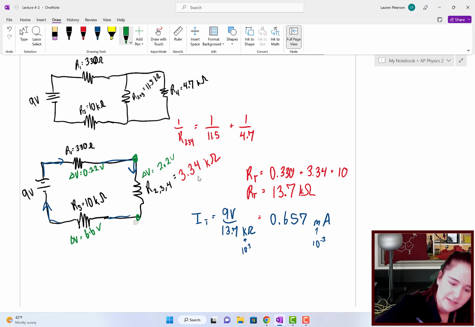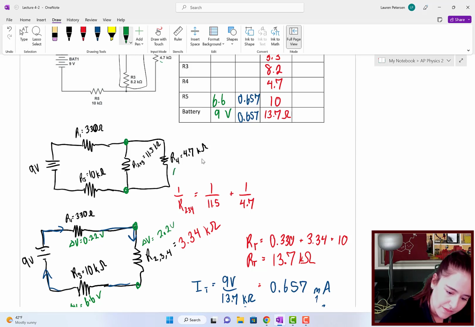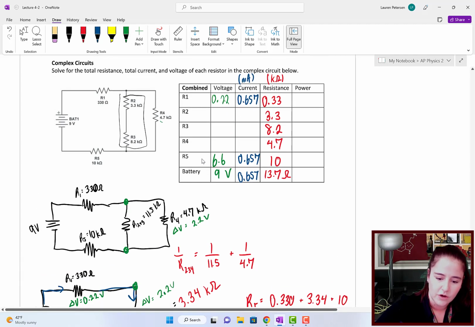And that's at this point and this point in the circuit, after R1 and before R5. So that will equal that voltage drop across R23 and across R4. So we know the voltage drop across R4 is going to be that 2.2 volts. Then we know the R2 plus the R3 drops will have to add up to that 2.2, but I haven't figured that out yet, so let's just keep going.